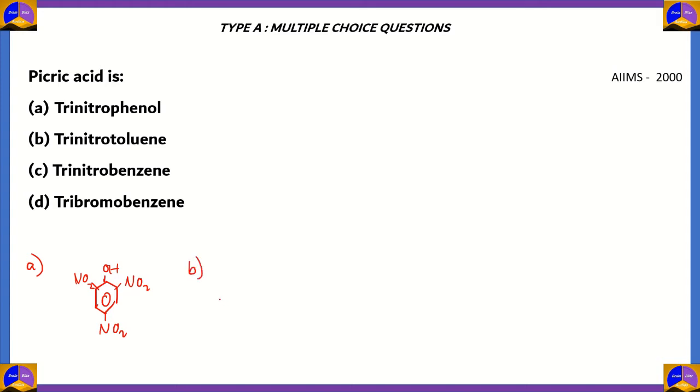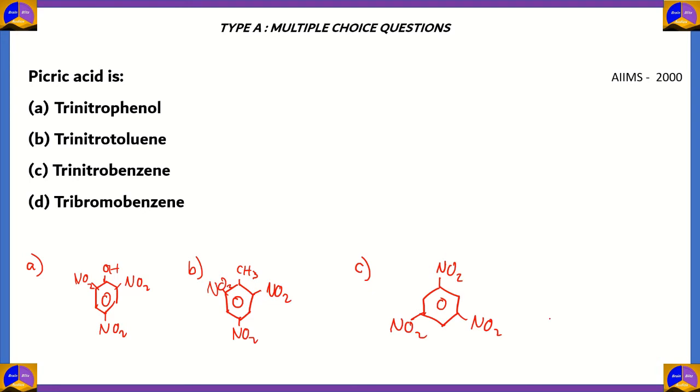If you look at option B, trinitrotoluene, then you have the benzene ring topped by a methyl functional group, and then the nitro groups are added across the ortho and para positions. In option C it's a benzene ring topped by a nitro group, and then other nitro groups are added at the meta positions.